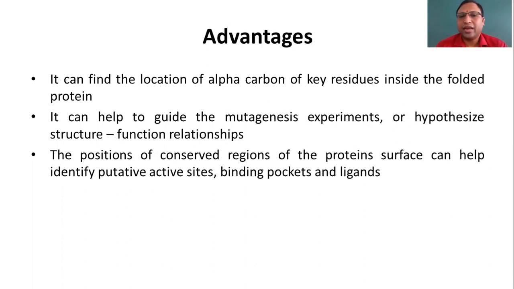That is one part. It can help to guide mutagenesis experiments or hypothesized structure-function relationships. In a mutagenesis experiment, if any mutation has happened, we can see how the structure looks, what role it will play, or how the domain will be. Everything can be understood from this structure analysis.